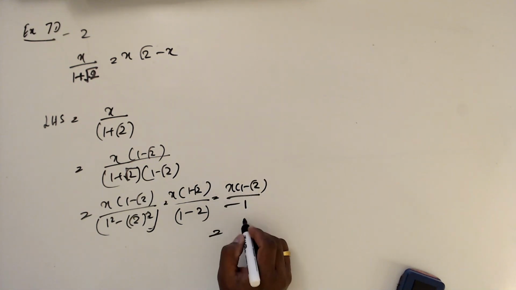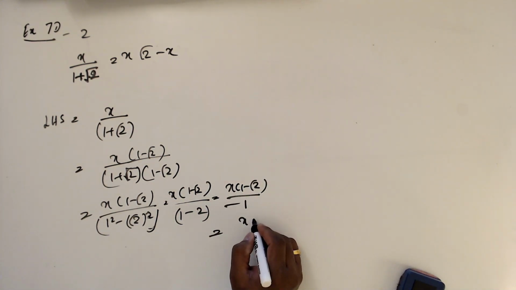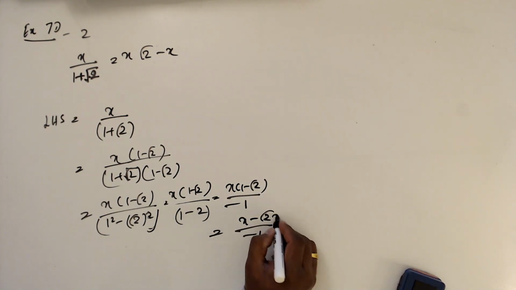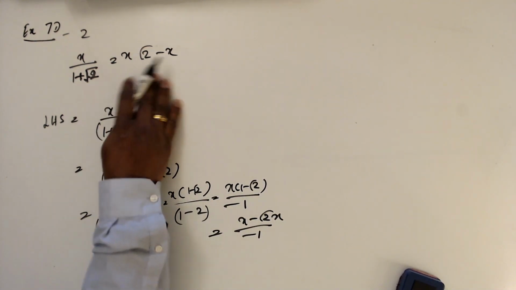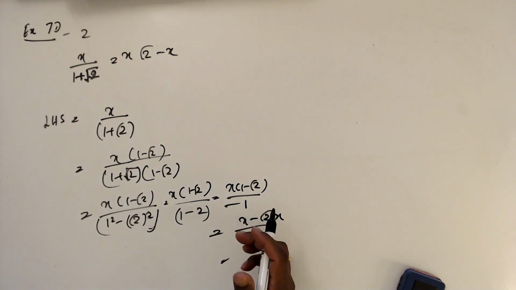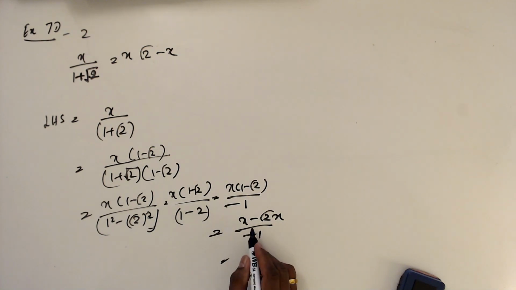Now explain this one. x times 1 minus square root 2, over minus 1. So I have to switch this, bring the minus up. So it means minus x plus square root 2 x. So square root 2 x minus x.